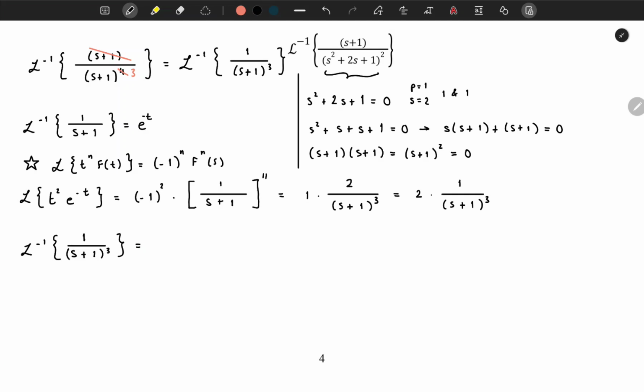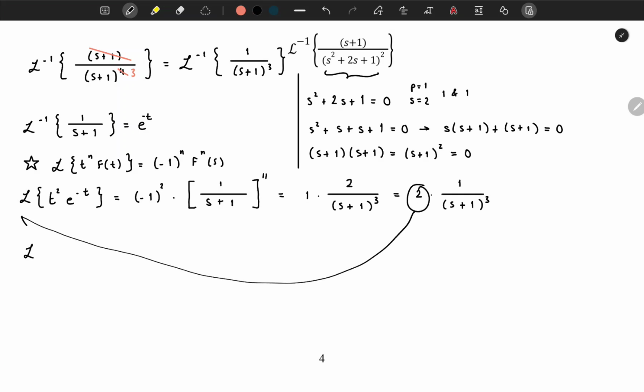And so we have successfully found that the Laplace of t squared e to the power of negative t is equal to 2 times 1 over s plus 1 cubed. Then all we have to do to find 1 over s plus 1 cubed is move this 2 to the other side. Simple algebra.